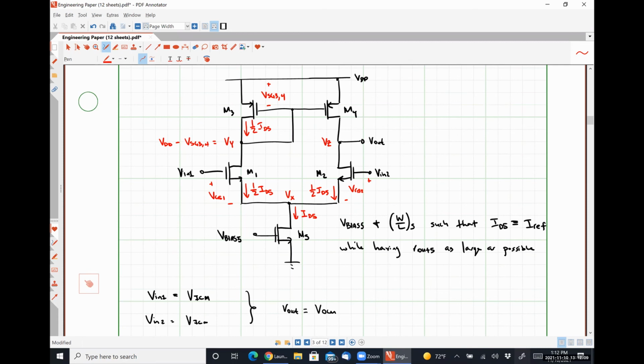So effectively, the difference between VGS1 and Vx is going to be pinned at VICM. As that gets larger and larger, that potential difference is getting larger and larger.